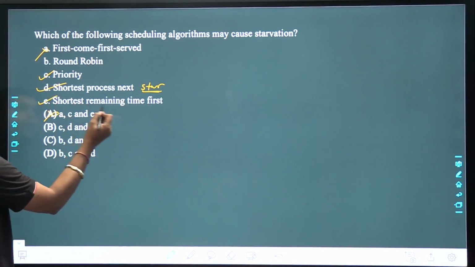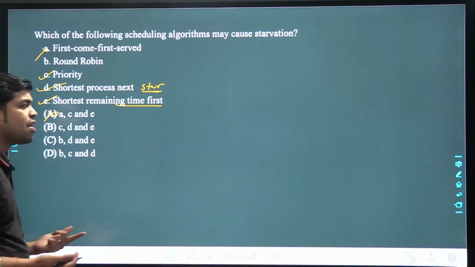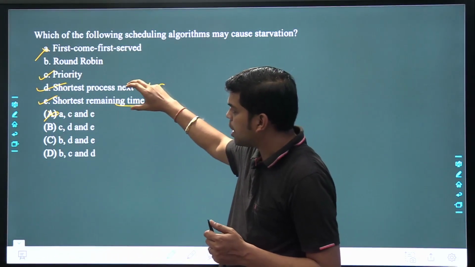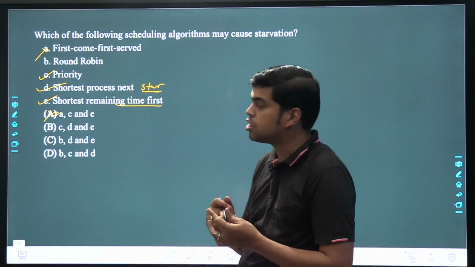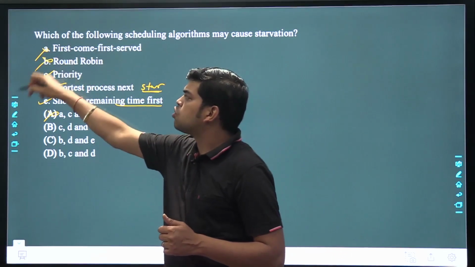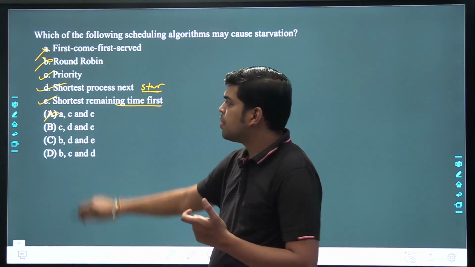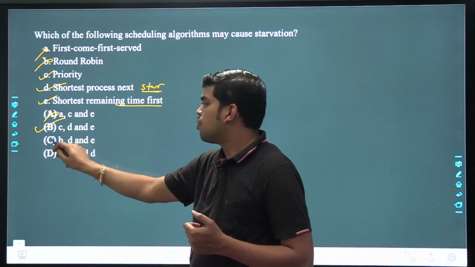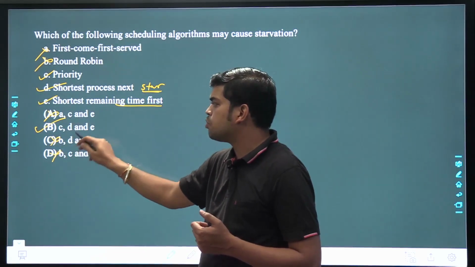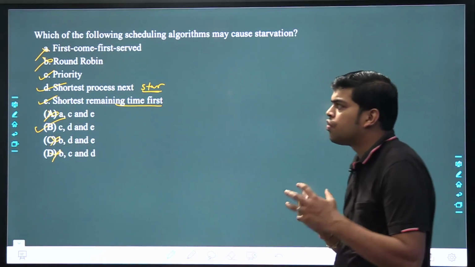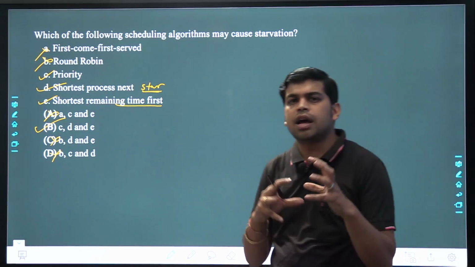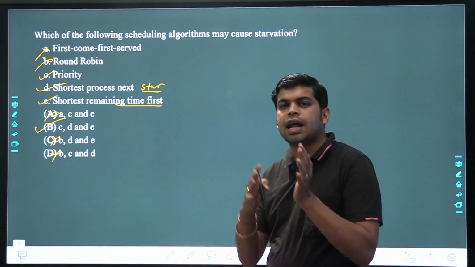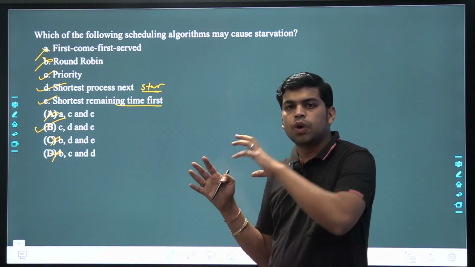And shortest remaining time can also generate starvation, because it is the same again, either preemptive or non-preemptive, in both cases starvation is possible. But round robin does not generate any starvation, so C, D, E are possible, so option B is correct. If you remove A and B, then only option B exists here, because first come first serve and round robin are somehow related: in round robin we assign the time slice of the CPU to each and every process.